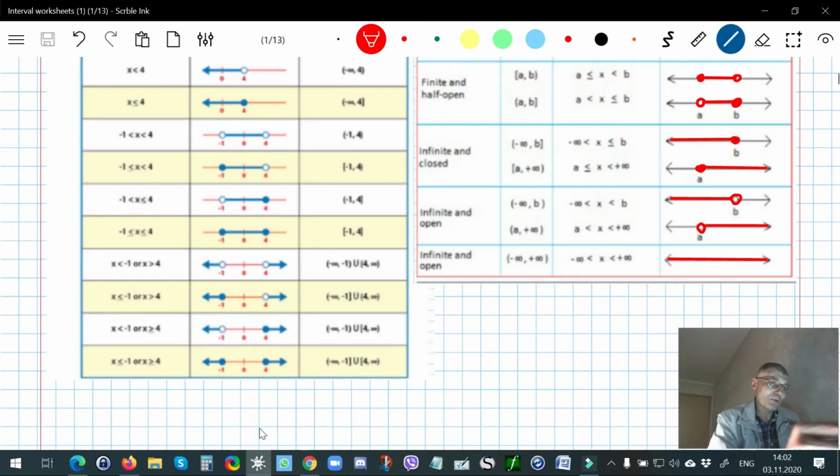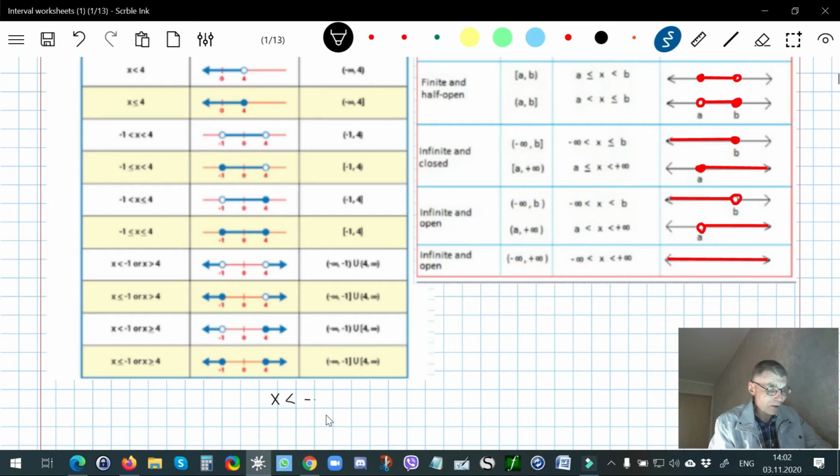So we can write, in my worksheets I employ a slightly different notation for OR here. What is written here? X is less than -1, or x is greater than or equal to 4.